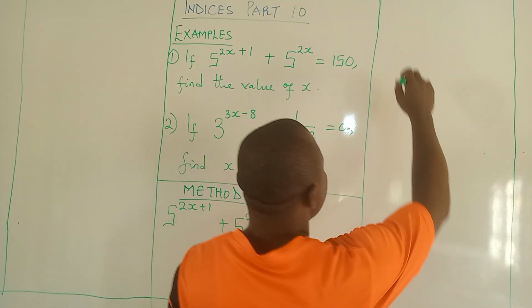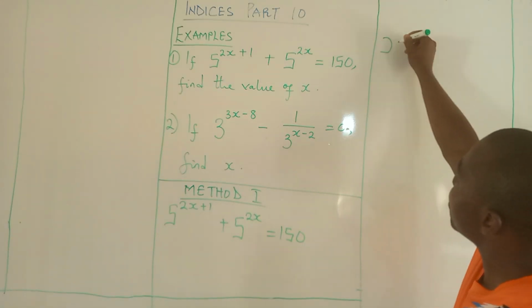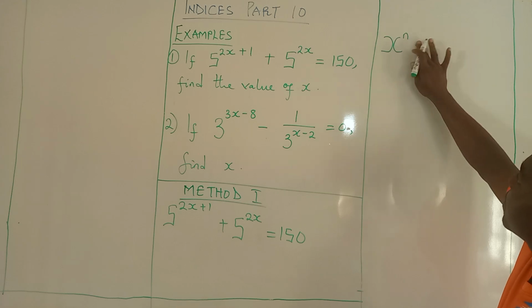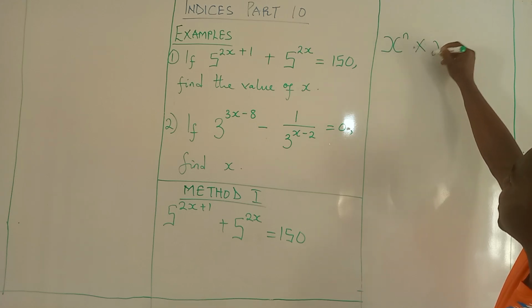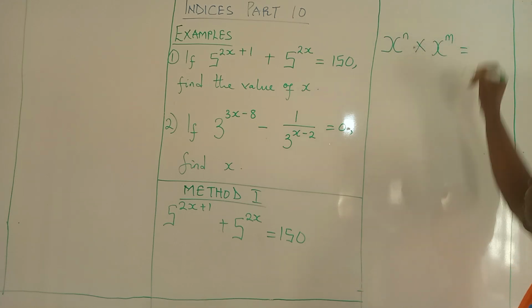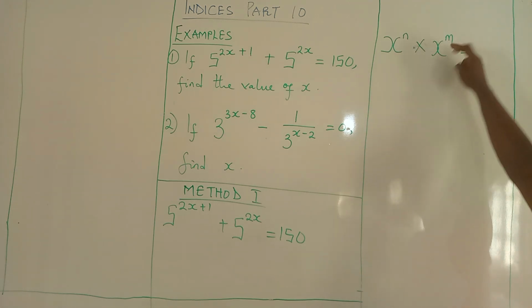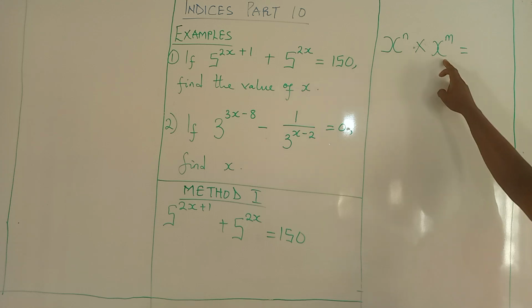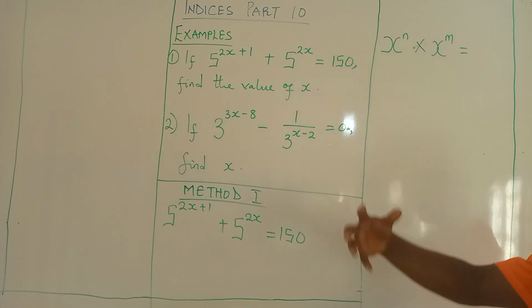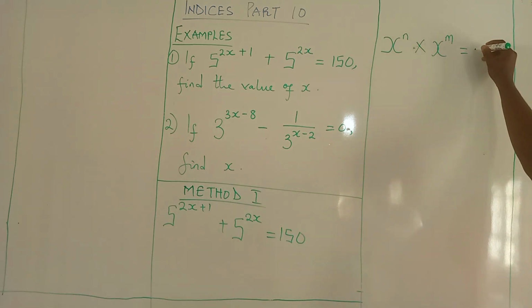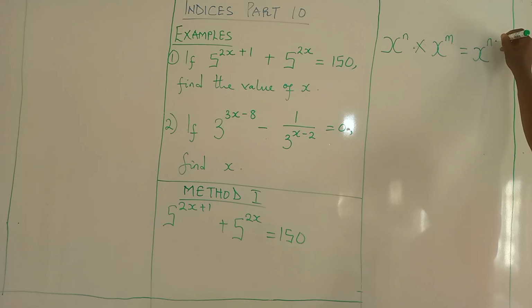The law states that if you multiply two numbers with the same base, for example x raised to power n times x raised to power n, you notice that the bases are the same. So when you multiply two numbers that have the same base, you add their powers. So this simply means x raised to the power of n plus n.